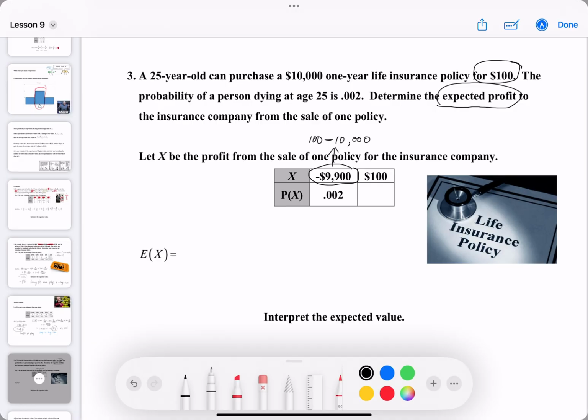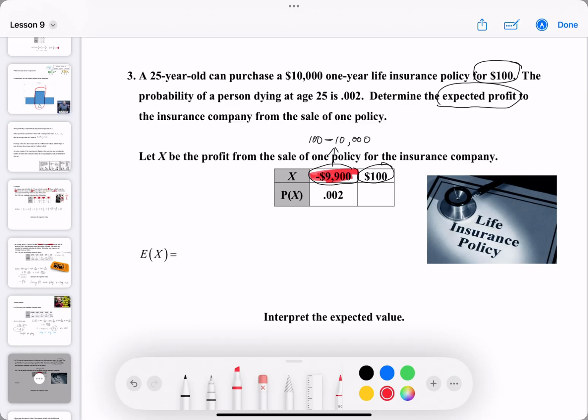So they lose this money. And how about the person who didn't die? That means the person bought this policy without any return, so the company will make $100 from this person. This is making money, the profit. What is the probability of losing this amount of money?